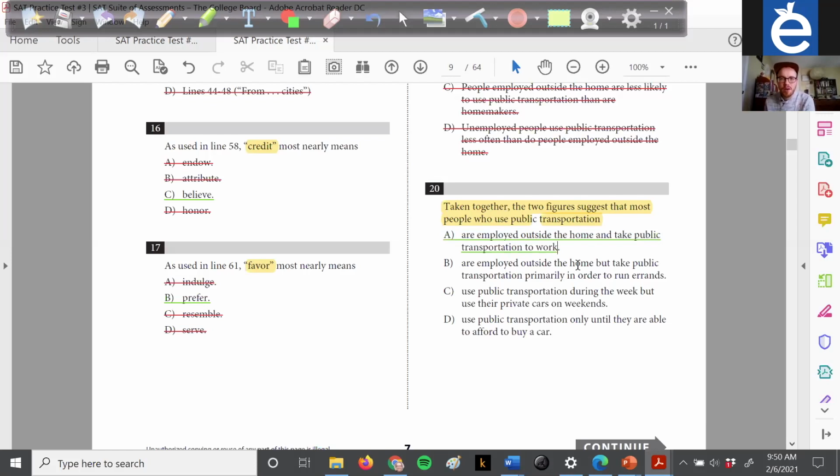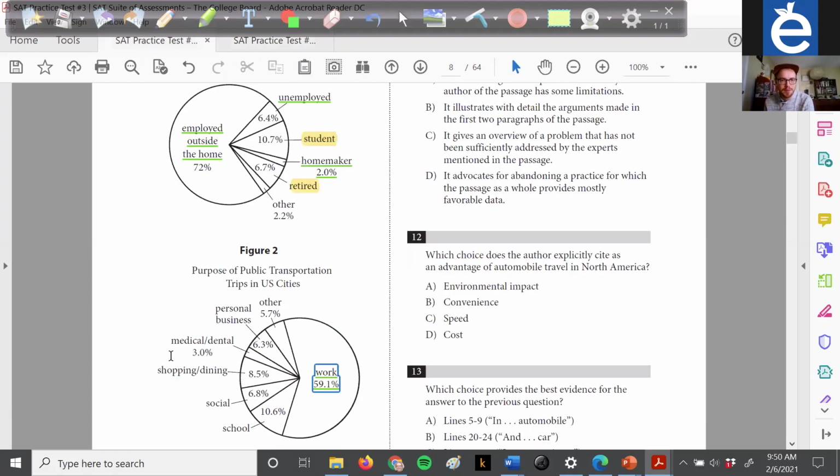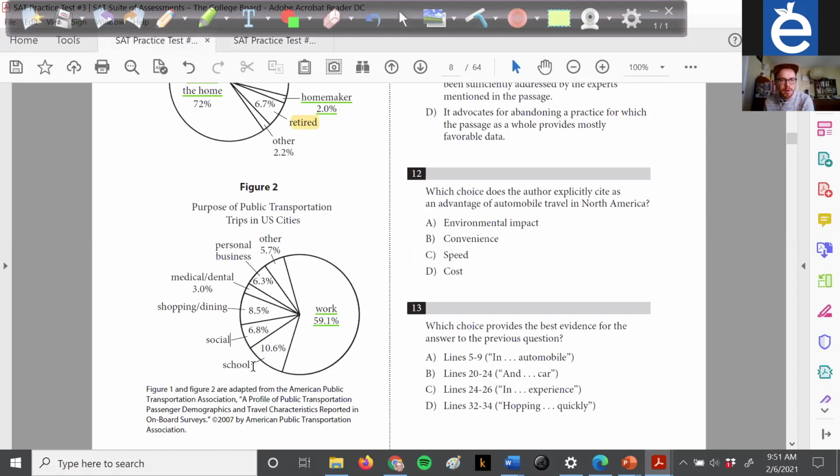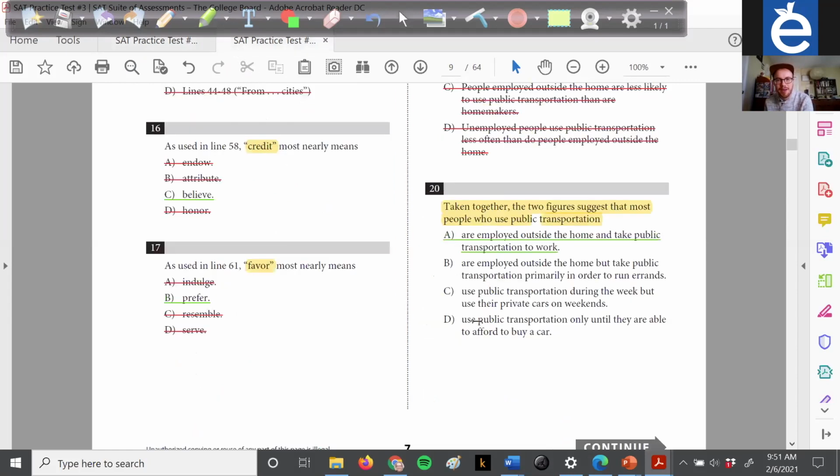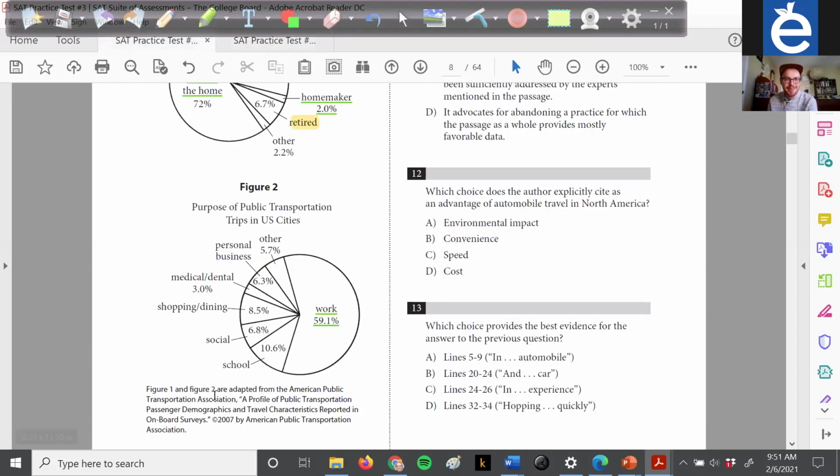Are employed outside the home but take public transportation primarily in order to run errands. We don't really have an errands portion here unless you look at personal and other, and again, that's not the outlier. Use public transportation during the week but use their private cars on weekends. That's not even a thing that's covered here.